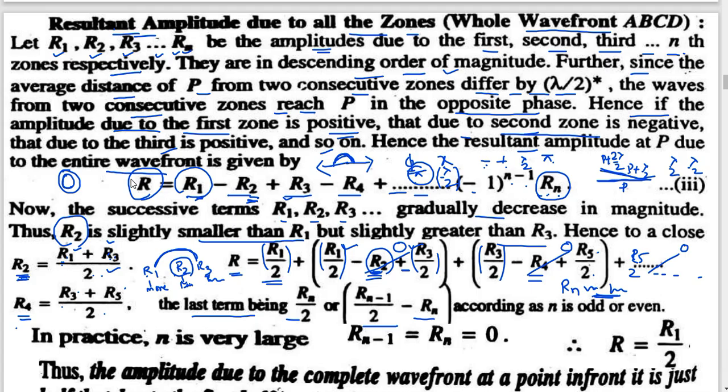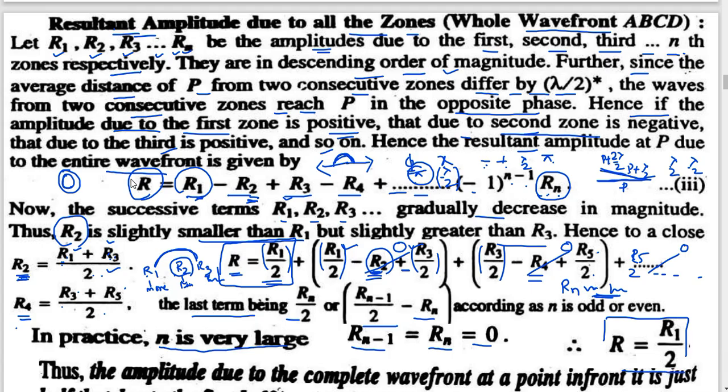In practice, if n is very large, then Rn minus 1 or Rn is nearly equal to 0, and we take it as 0. So what will be the remaining part? Only R equal to R1 by 2. So finally the result is R equal to R1 by 2.